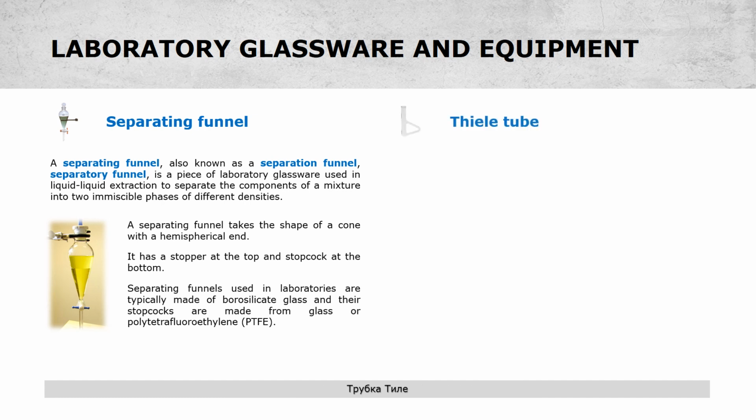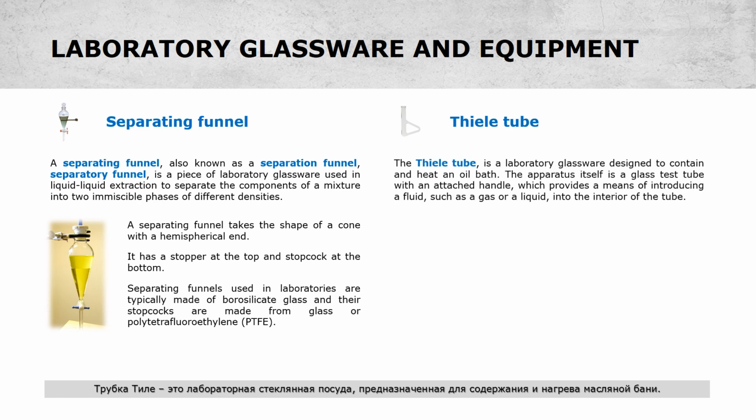Thiele tube. The Thiele tube is a laboratory glassware designed to contain and heat an oil bath. The apparatus itself is a glass test tube with an attached handle, which provides a means of introducing a fluid, such as a gas or a liquid, into the interior of the tube.